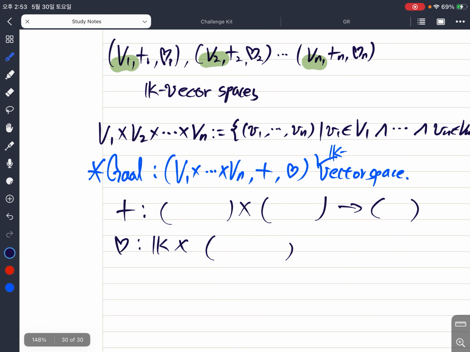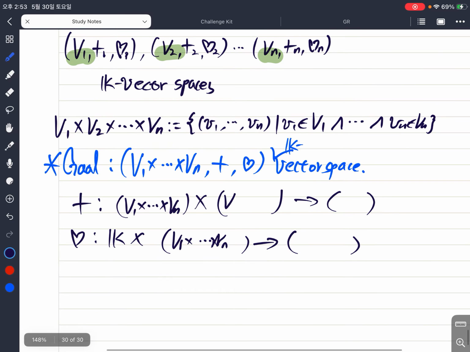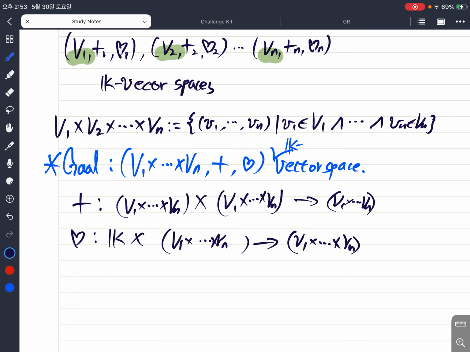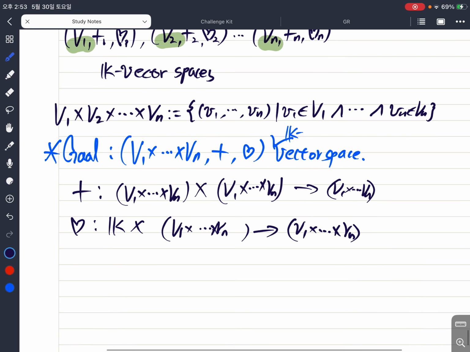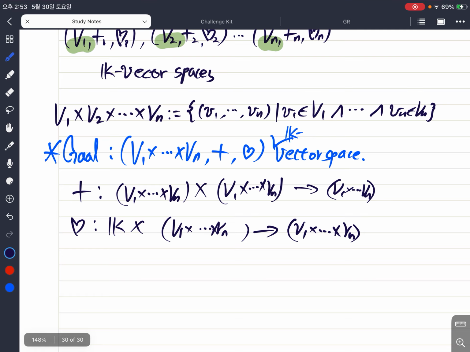So plus maps V1 times Vn, V1 times Vn to V1 times Vn, and scalar multiplication maps K times V1 times Vn to V1 times Vn. This is what we want to find, and these two things should satisfy all the vector space axioms.